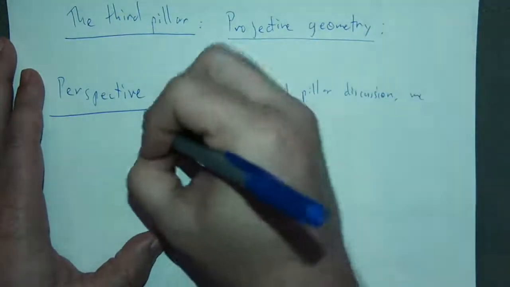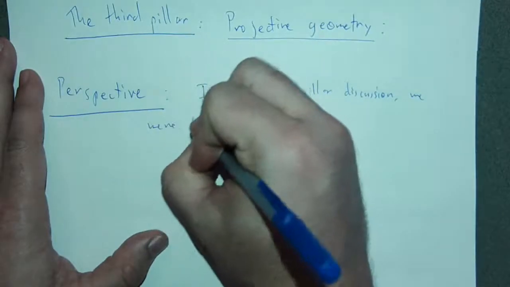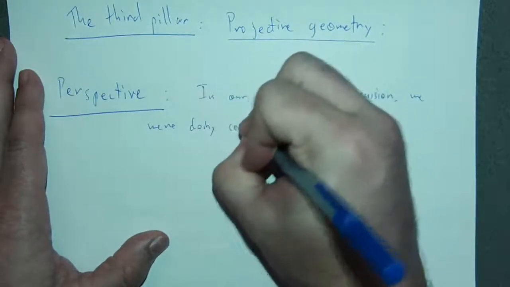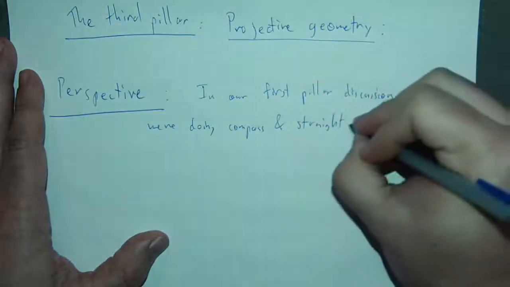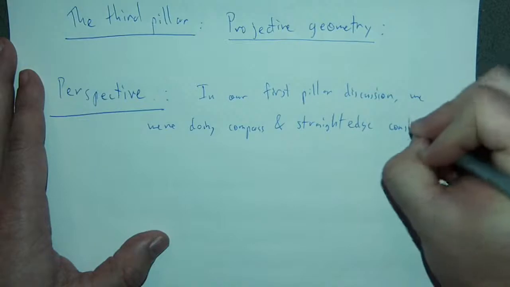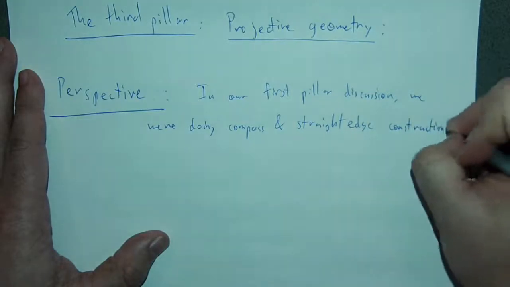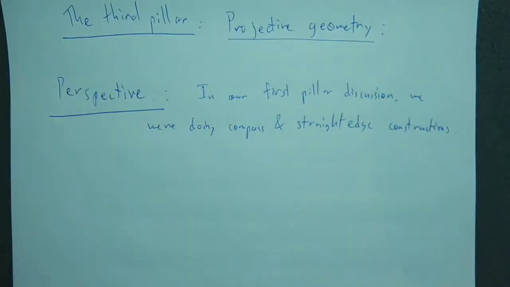So the question is, in our first pillar discussion, we were doing compass and straight edge constructions. Now, I said on that last sheet that I want to see what happens to my discussions of geometry if I significantly relax that list of axioms.